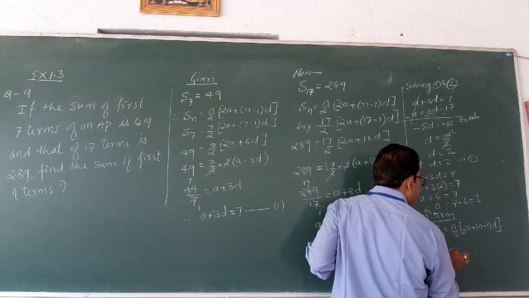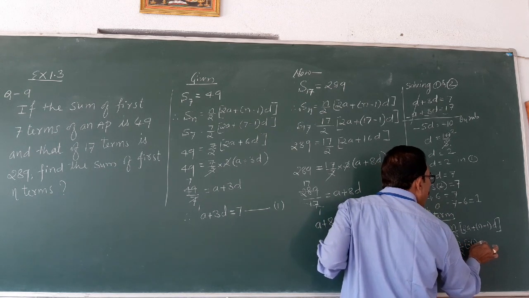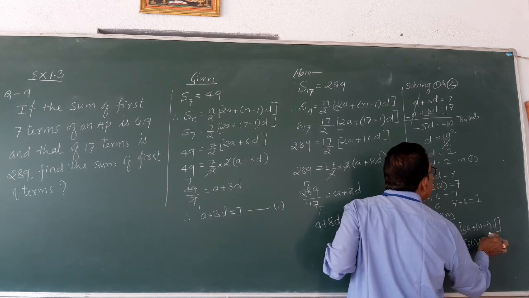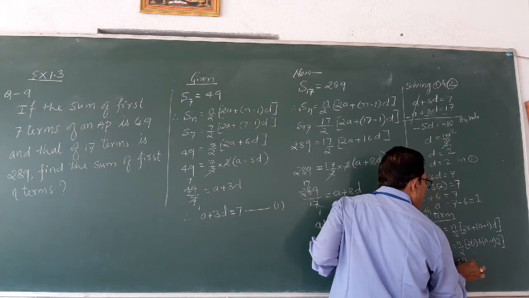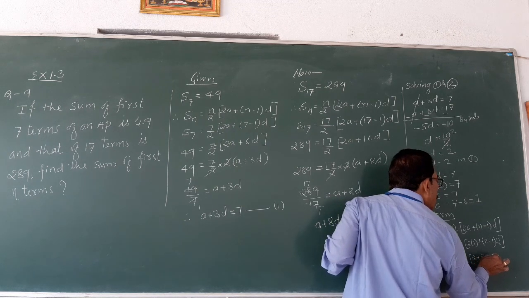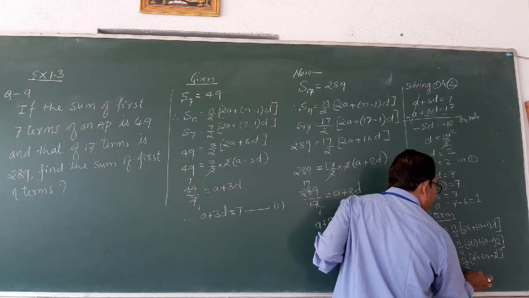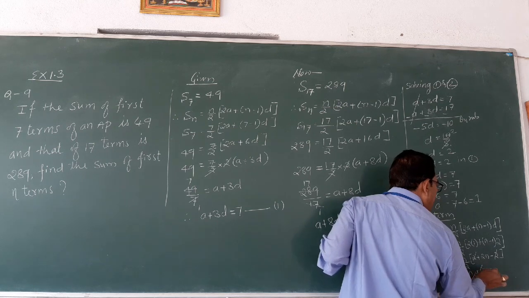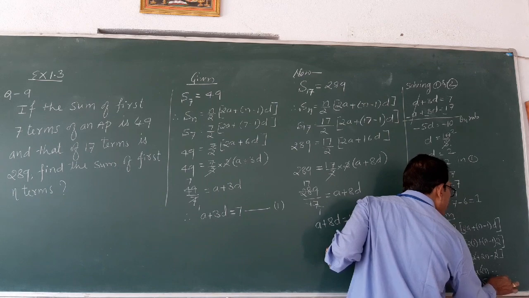So Sn equals n by 2 into 2 times 1 plus n minus 1 into d, that is 2. So n by 2 into 2 plus 2n minus 2, 2 cancels. Therefore, n by 2 into 2n, 2 cancels. Therefore, Sn equals n squared.